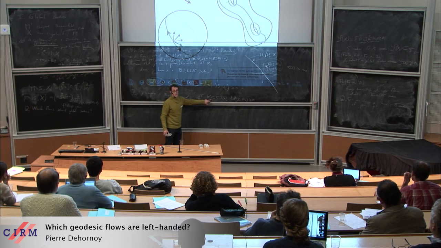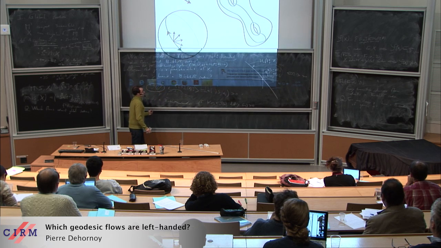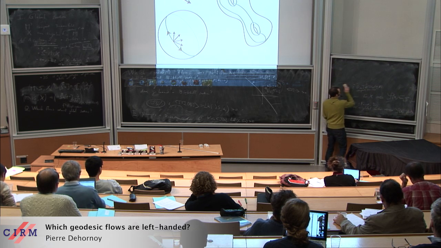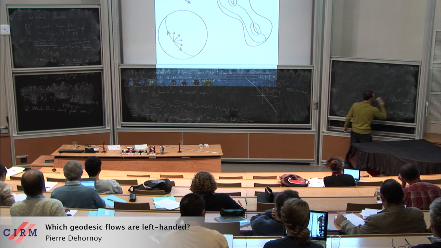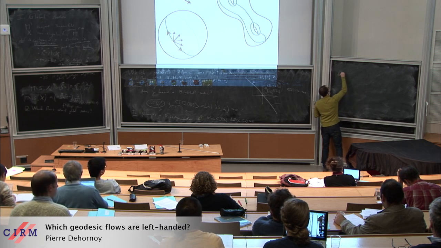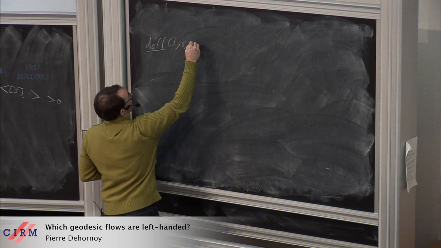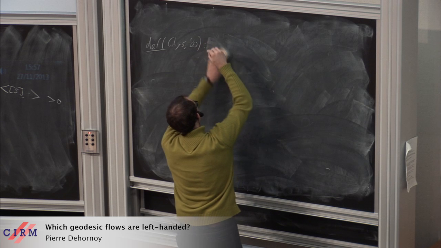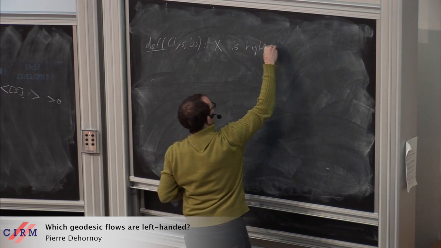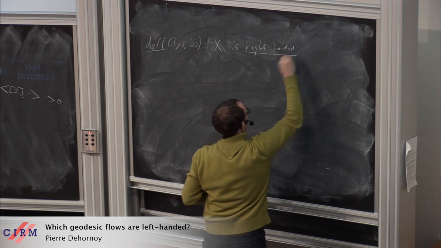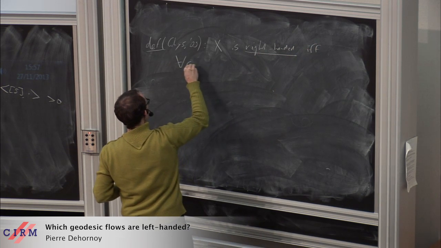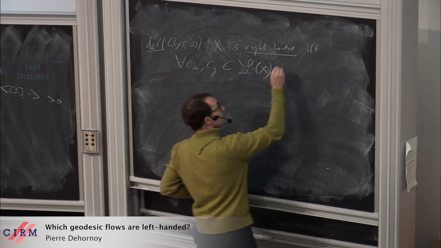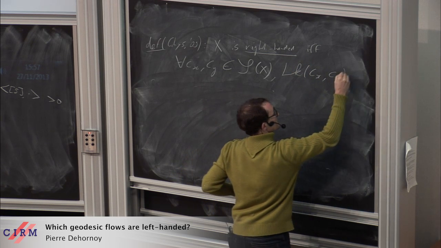So this theorem is exactly the same as before, but here we have a criterion for an orbit to bound a Birkhoff section. And this is what led Ghys to define the notion of left-handed flow or right-handed flow. Let me define right-handed flow. A flow X, a vector field, is right-handed if for every pair of asymptotic cycles, the linking number between these two cycles is positive.